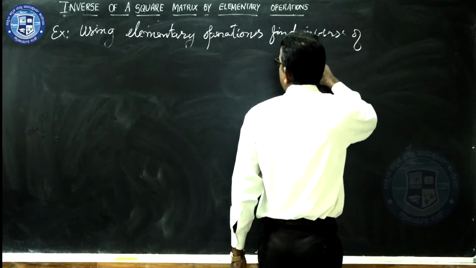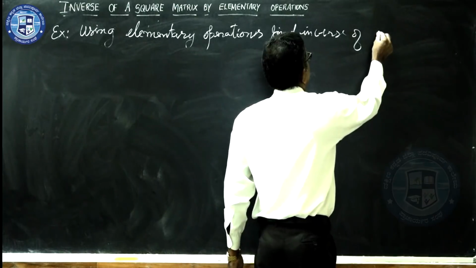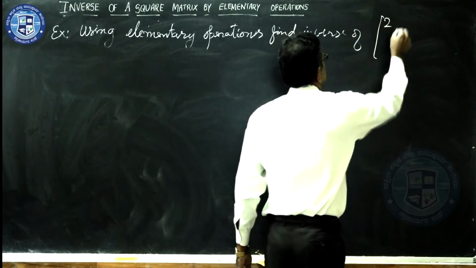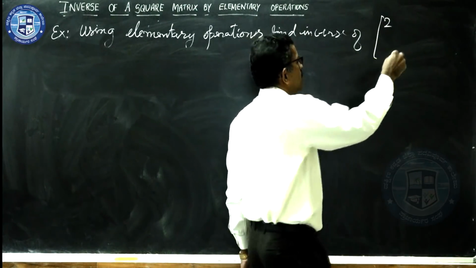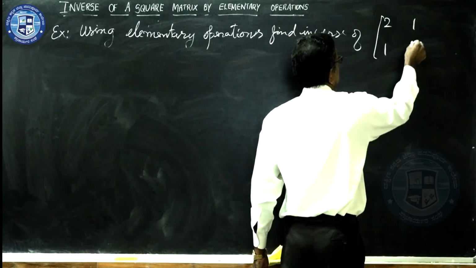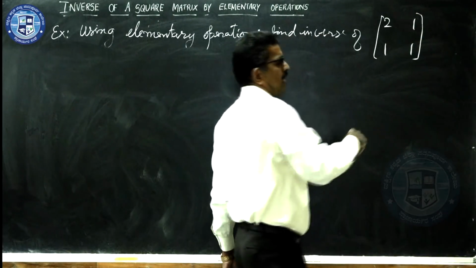Find using elementary operations the inverse of, let me take here a 2 cross 2 matrix, it is 2, 1, 1, 1. The question asked in the NCERT book.